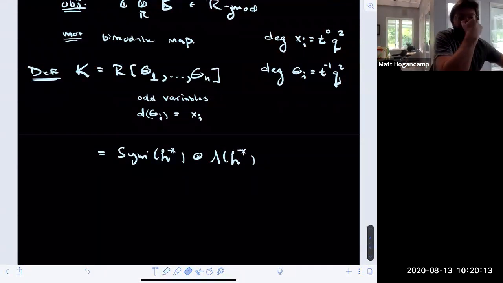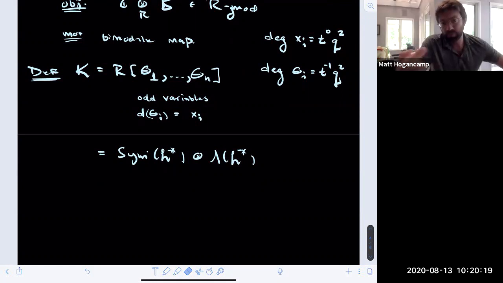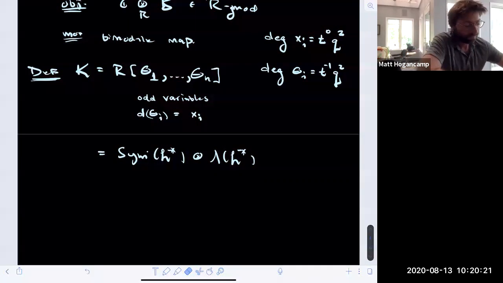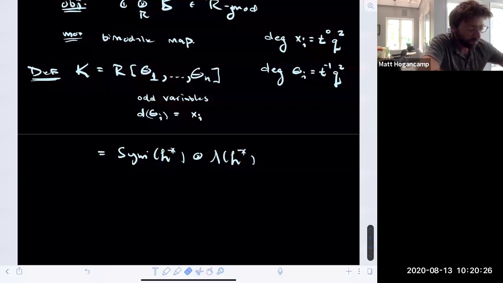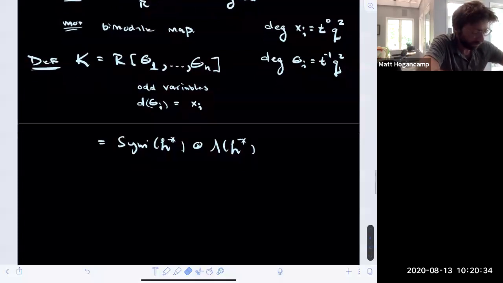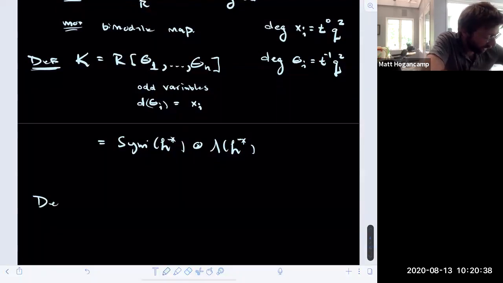Okay, so that's our K. And notice this is the Koszul complex that resolves the trivial R module as a free R module.